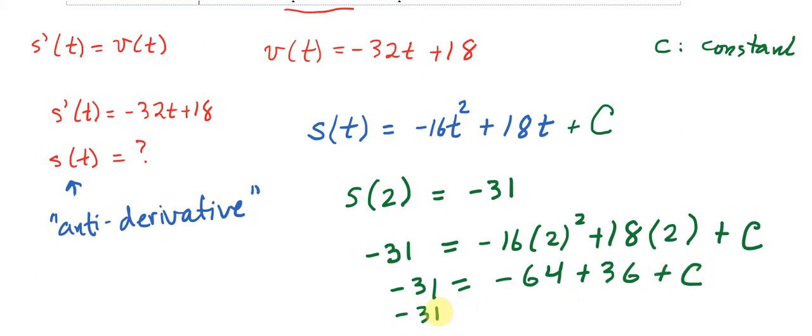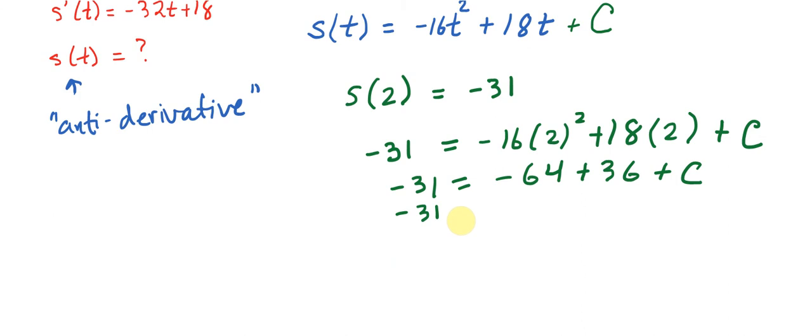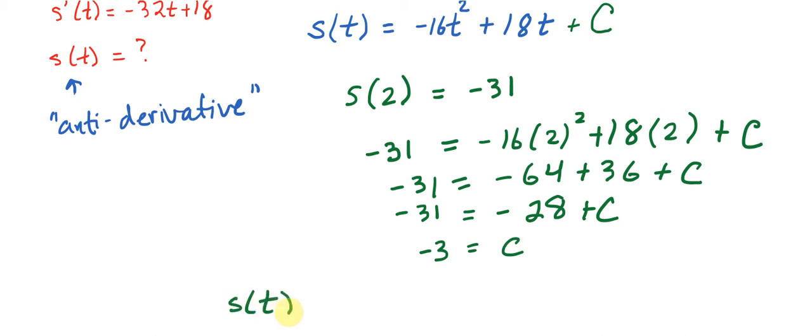Negative 31 is equal to negative, this is going to be 28 plus c. So that means negative 3 is equal to c. So now s of t is equal to negative 16t squared plus 18t minus 3.